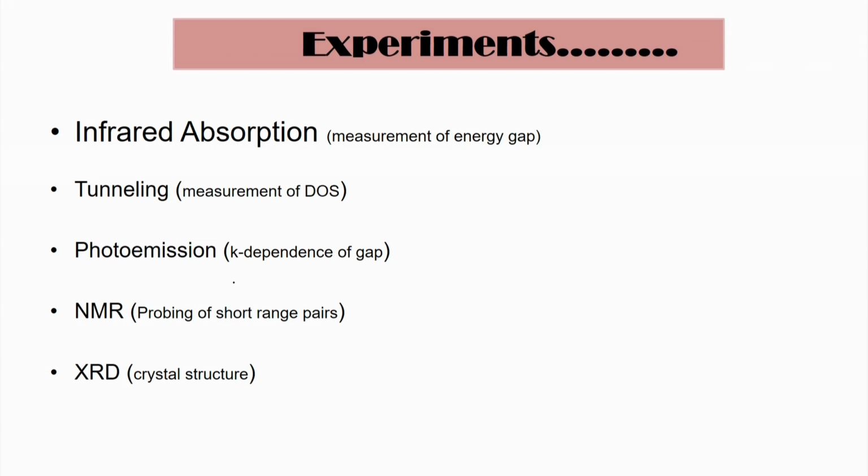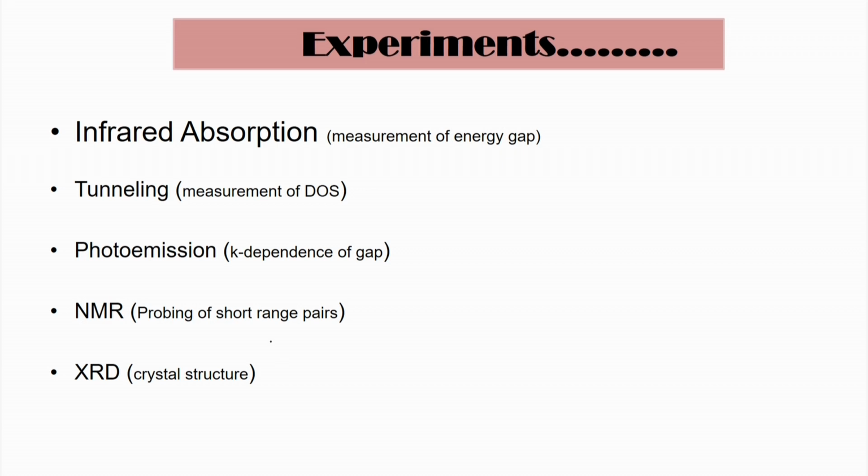Photoemission tells you if there is a momentum dependence of the gap, whether the gap is homogeneous at all k values, or the gap is smaller along some direction of k, or bigger in some other direction.